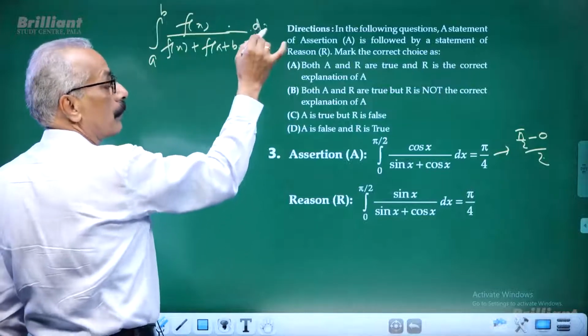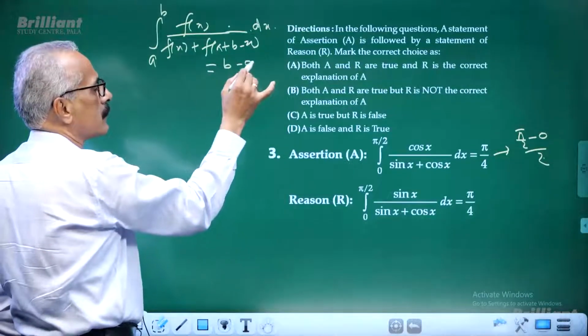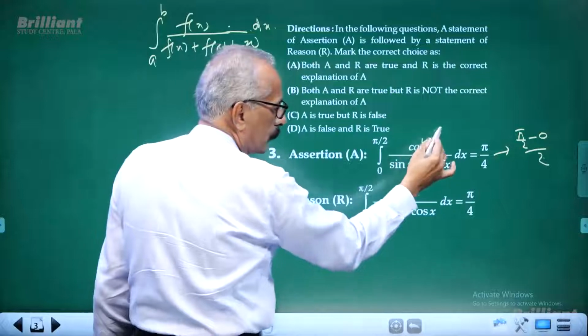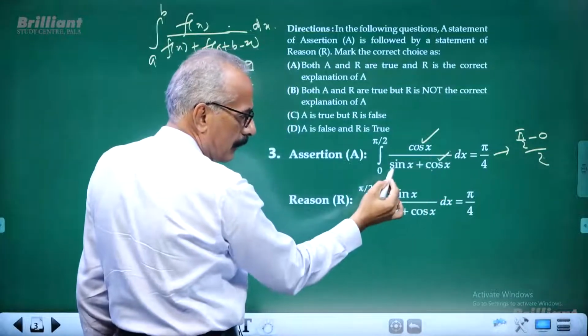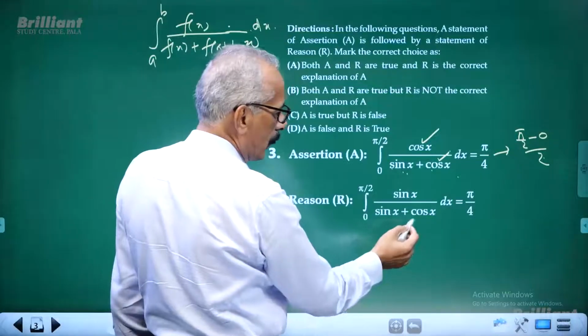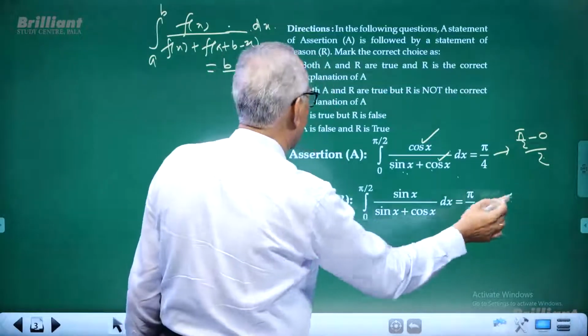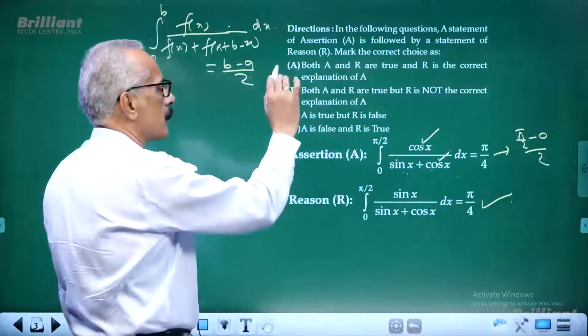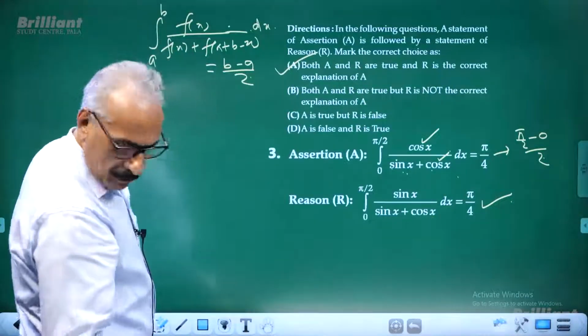Always remember, b minus a by 2. This is cos x here, cos of 90 minus x is this, that is it. So here 0 to pi by 2, sin x divided by sin x plus cos x, that's also pi by 2. Both are right, correct explanation. So that is A. Ready?